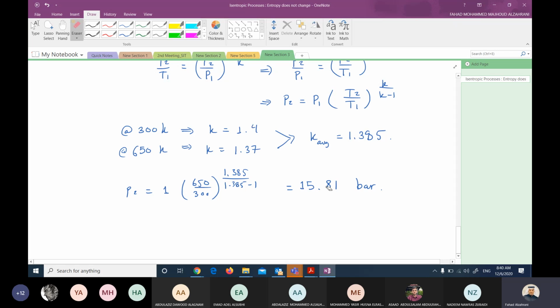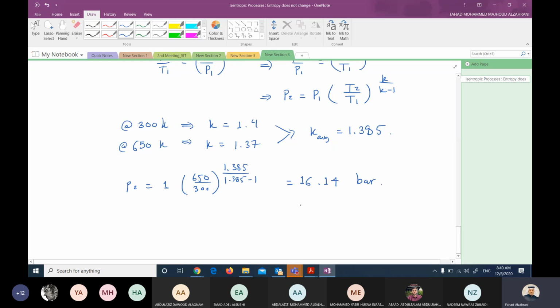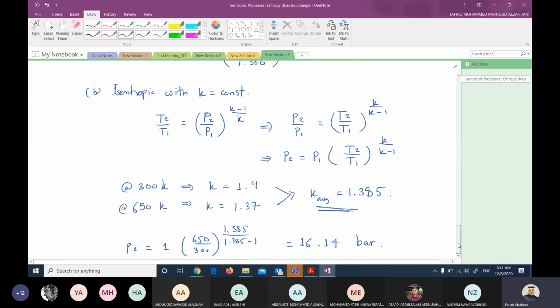Okay, I'll take your word for it. 16.14. Okay, you see they are close, so this approximation is not bad. Any questions here?